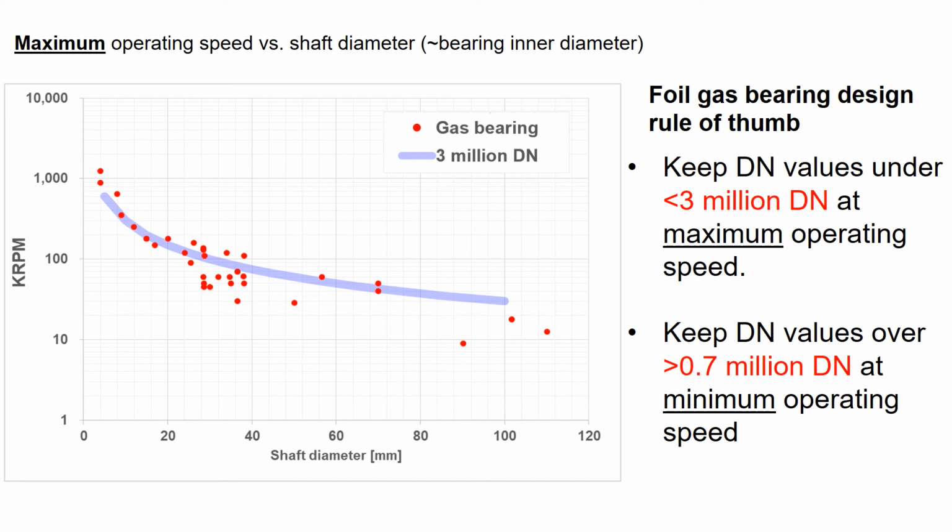But for mass-producing the machine, which accounts for part tolerance and production variations, it is safe to keep the DN values under 3 million DN for its maximum operating speed. This helps you to prevent bearing failure due to thermal issues.